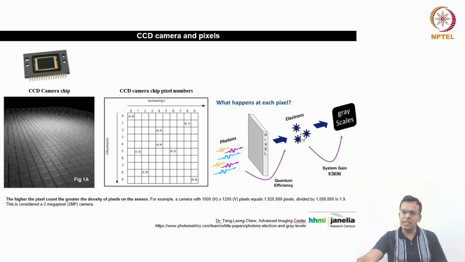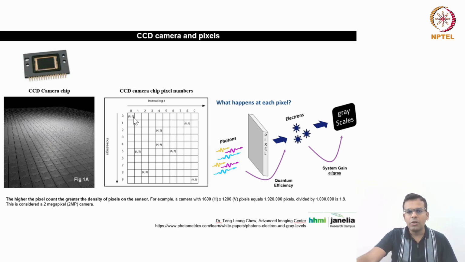Okay, and these electrons will be recorded by the computer or your software in terms of grayscale, so the more the electrons, the brighter the pixel. Okay, so this is how the image is formed on the computer screen, because the camera pixel collects the photons coming from each area of the sample, and it converts photons into electrons, and those electrons are recorded pixel by pixel.